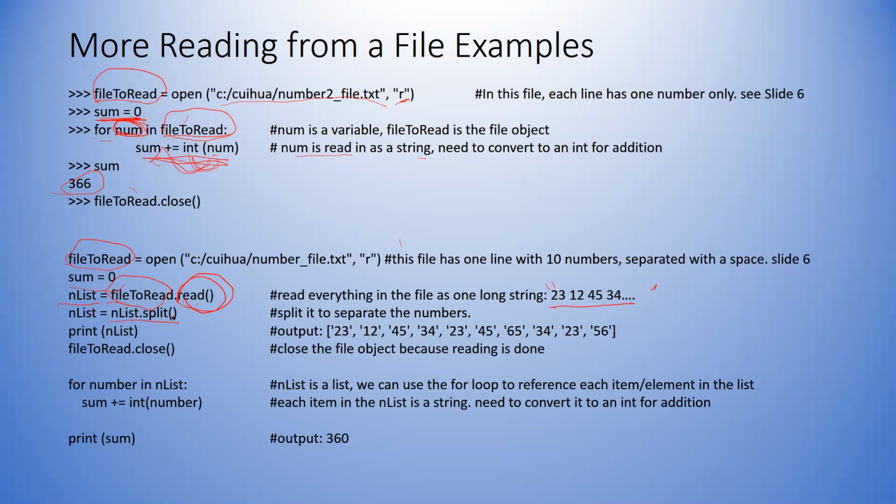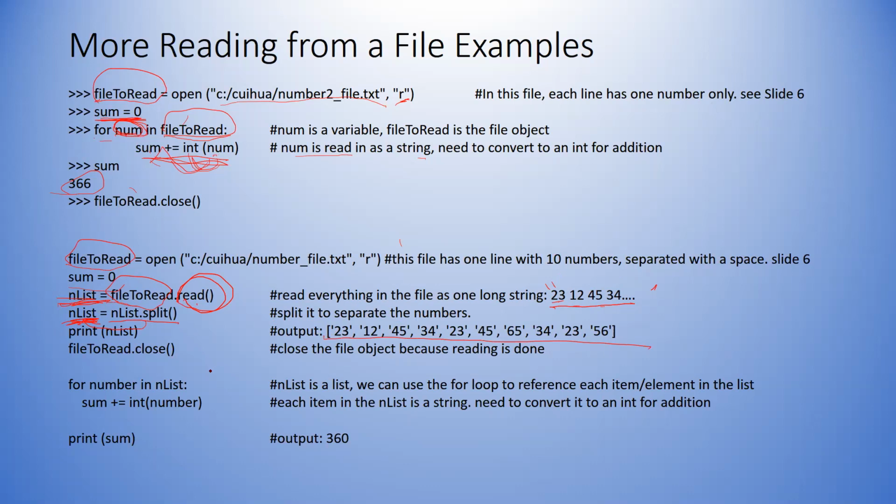Remember, without a parameter, split uses the space as the default separator. So nList.split will split it into separate elements and assign that to this variable again. So now nList is not a string anymore, it is a list. Here it is a string, here it becomes a list. Split it to separate the numbers, and you print it out. This is the list.